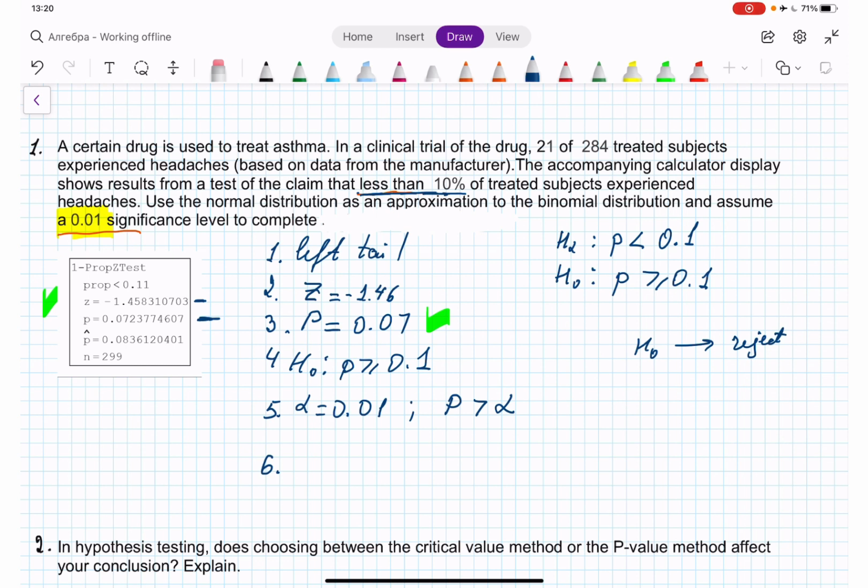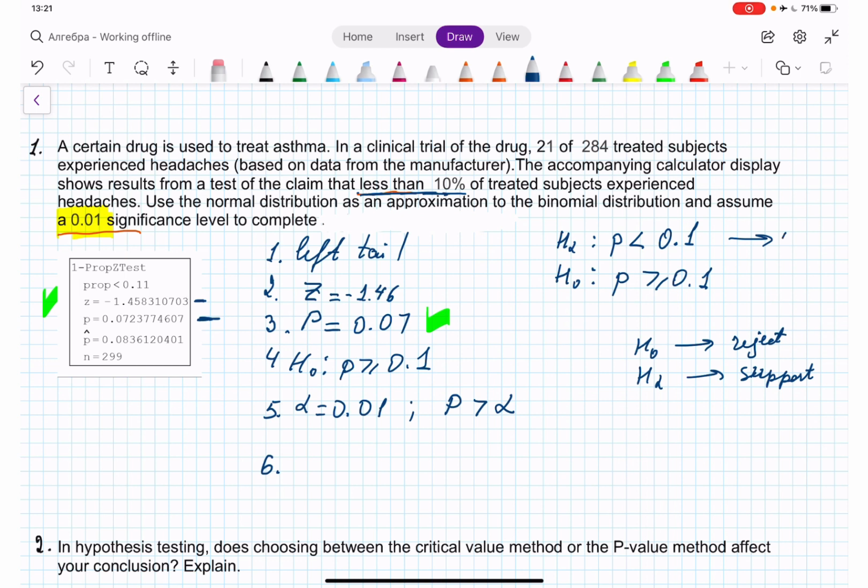When we have alternative hypothesis, the verbiage we use is support, and you build the entire conclusion using this word, either support or reject.